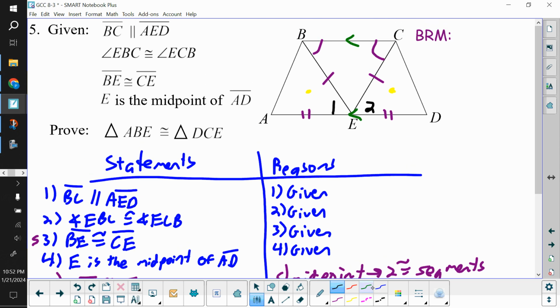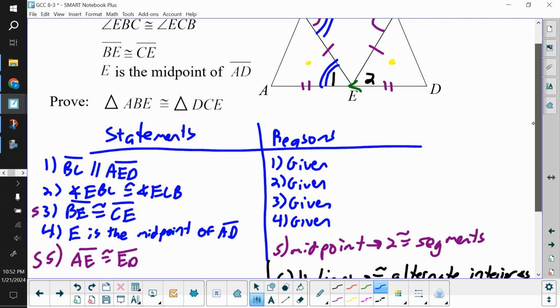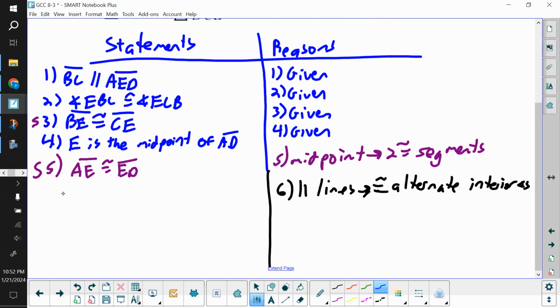So watch carefully how I mark this up. I'm going to put two arcs on this angle and two arcs on this angle. So that's angle EBC congruent to angle 1, comma, and then the other one's going to be angle ECB, our other congruent one we had before, congruent to angle 2.